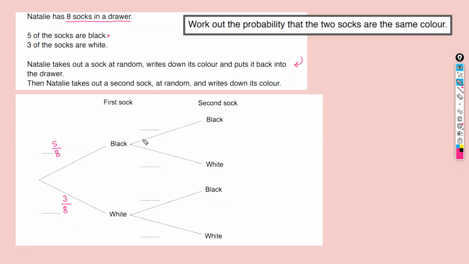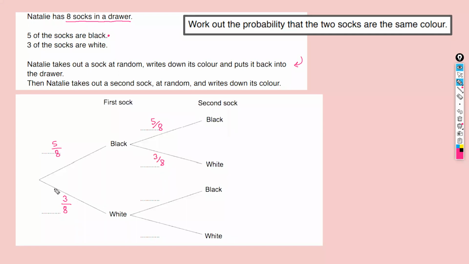So on her second pick, provided that she picks a black one first, and then she throws it back into the drawer, she takes another pick. She can either pick a black one or a white one. Picking a black one again should be the same probability because it still has 5 black ones, and it's still 8 socks in all because remember she put it back for whatever strange reason.